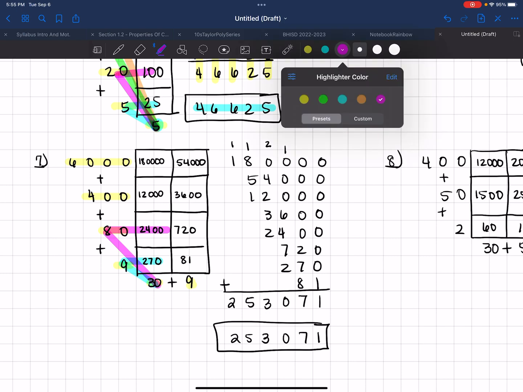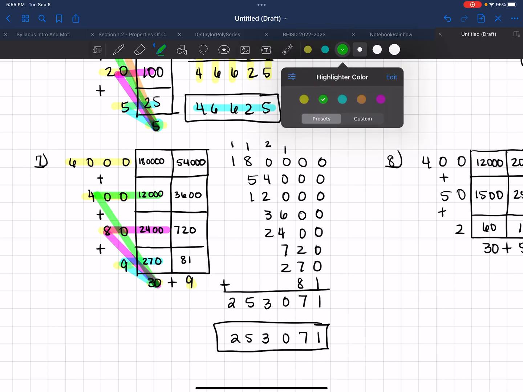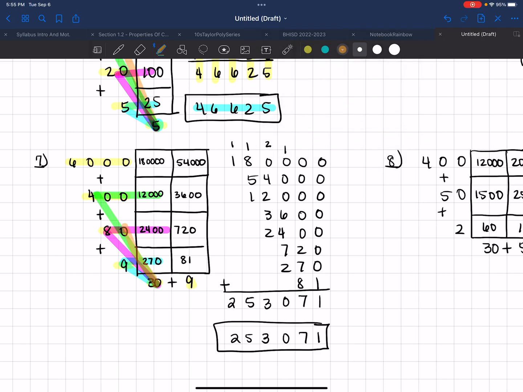Then 30 times 400 gives me 12,000. Then 30 times 6,000 will give me 180,000. Okay, then you would do the same thing now, but with the 9.